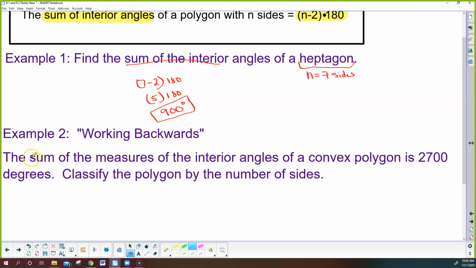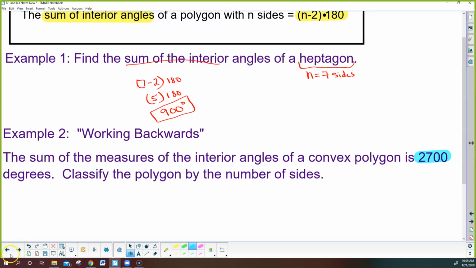So what do we know? We know the sum of the measure of the interior angles of a convex polygon. And we'll talk about this convex in just a second. Don't worry about the word convex right now. But the sum is 2,700 degrees. How many sides does that polygon have?